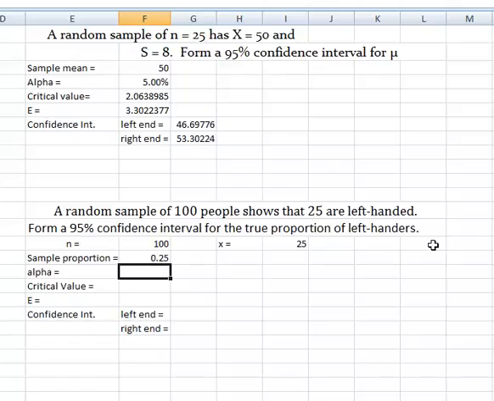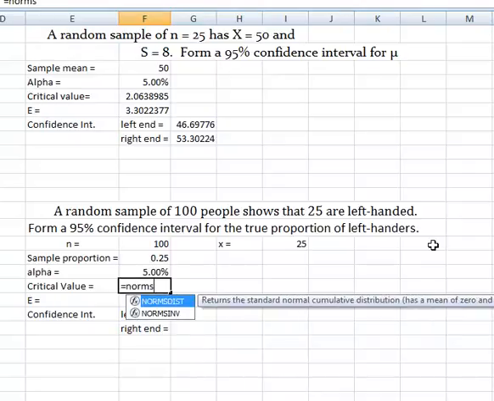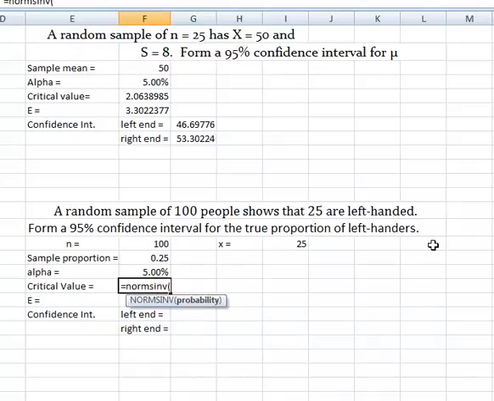This is a 95% confidence interval, so alpha is 1 minus 95%, which is 5%. For the critical value, this is the Z distribution, so NORM.S.INV, and inside we put 1 minus alpha over 2. We get 1.96.